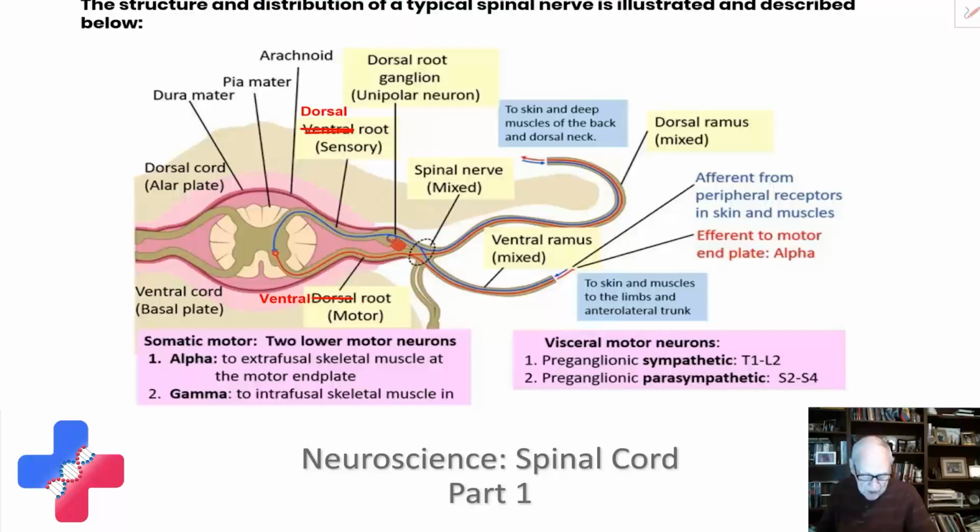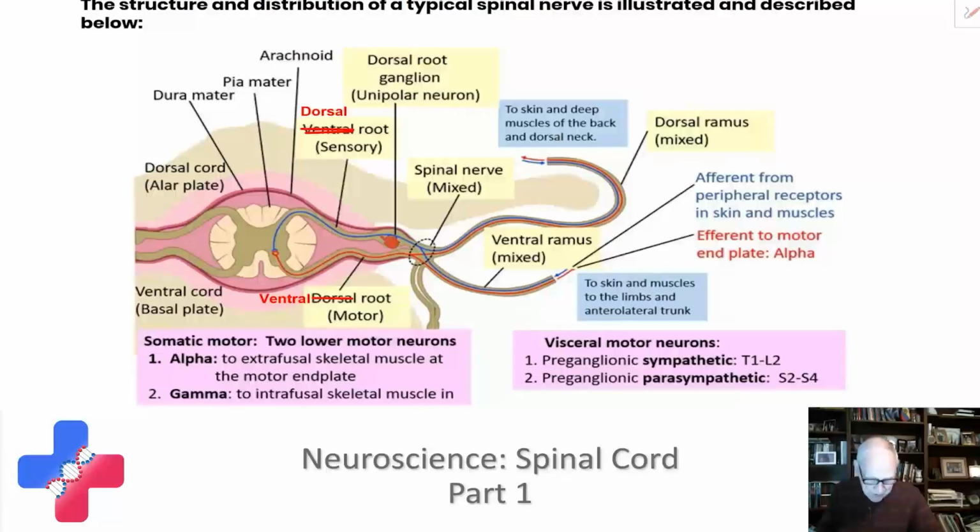Now, these unipolar neurons are responsible for bringing in that sensory modality. So notice they have a peripheral process, these blue lines that go out through different parts of the peripheral nervous system. And it's the peripheral process that hooks up with these receptors, and there's a transduction of that information. And so this blue line, this peripheral process, brings the sensory information onto the dorsal root.